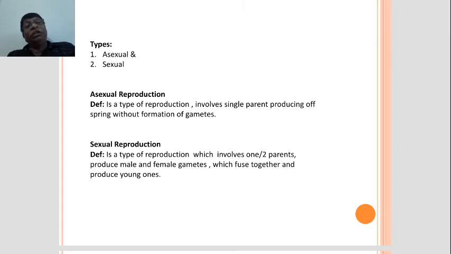The male gametes, the sperms, and the female gametes, the eggs. In lower organisms, lower plants, they are homothallic. The same plant produces 2 types of gametes. Lower animals also, for example earthworm, a hermaphrodite, bisexual, produce both male and female gametes.